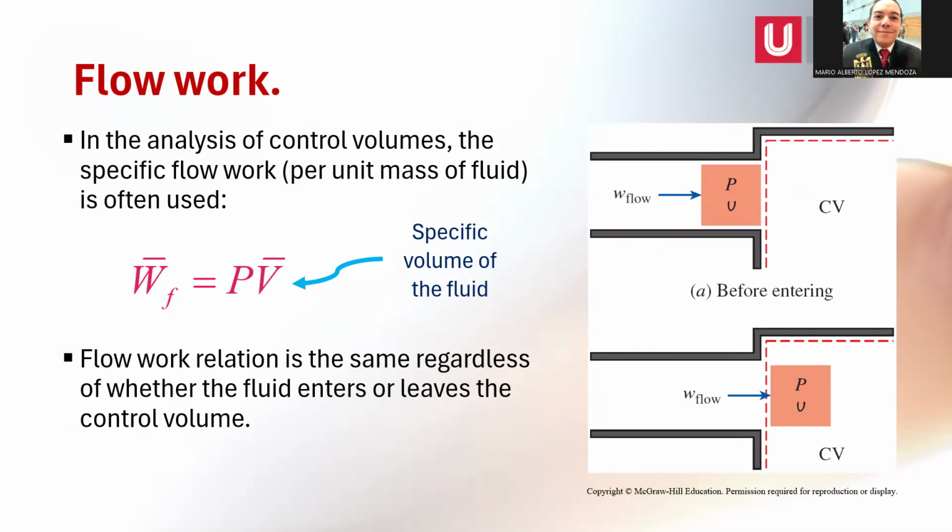This is the workflow done per unit mass of fluid. It is just the product of the pressure of the fluid and its specific volume. Remember that the specific volume is a fluid property which is related with the conditions, specifically the temperature of the fluid.